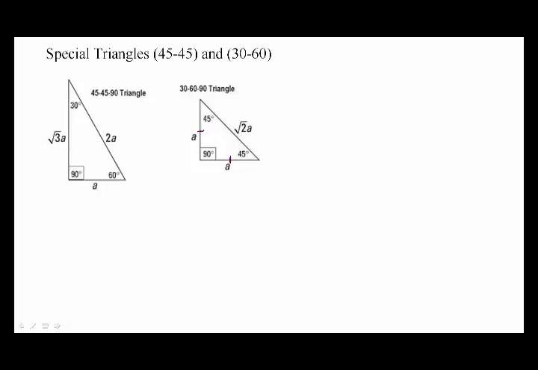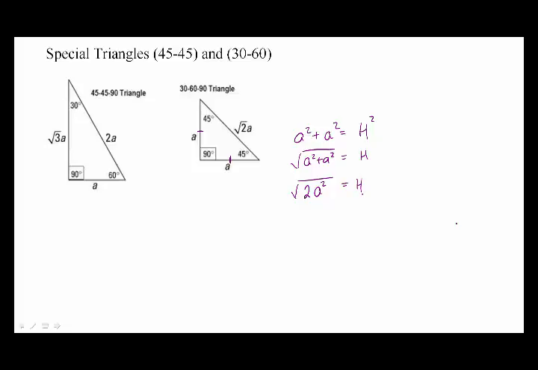And so if I did a little Pythagoras here, I would have a squared plus a squared equals the hypotenuse squared. The square root of a squared plus a squared equals the hypotenuse. What's a squared plus a squared? 2a squared equals the hypotenuse.